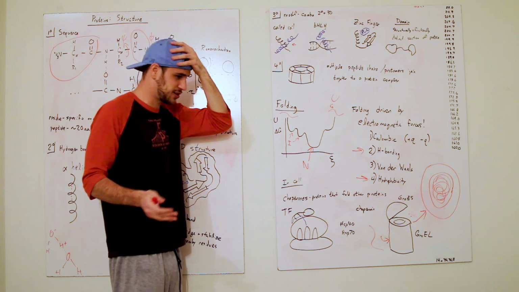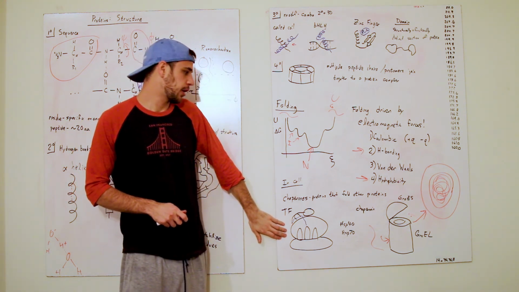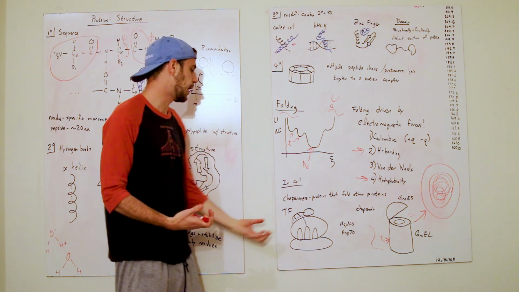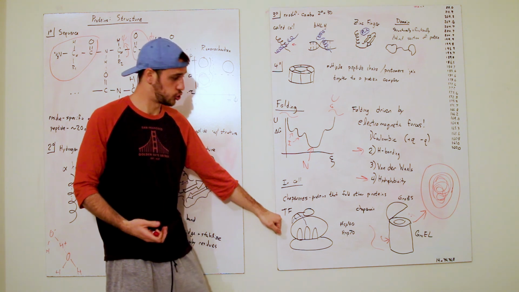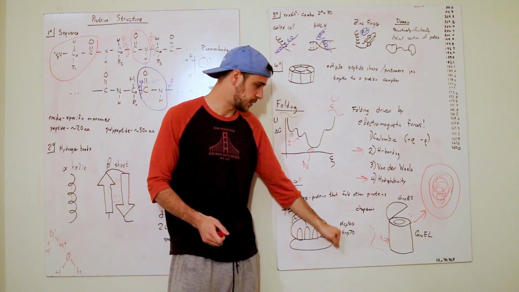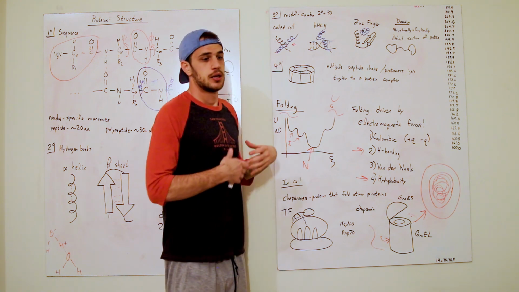Hate Times Square. It's too crowded. So instead of staying in Times Square, it can be helped by chaperones that help fold it into its native structure. The chaperones include trigger factor, HSP40, HSP70, and chaperonins such as GRO-EL and GRO-ES.